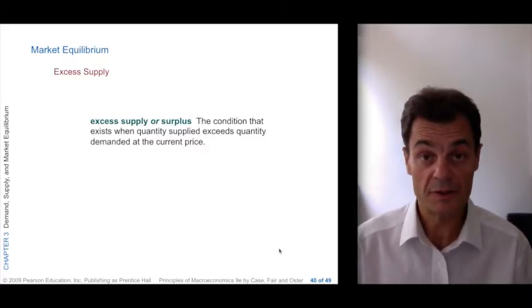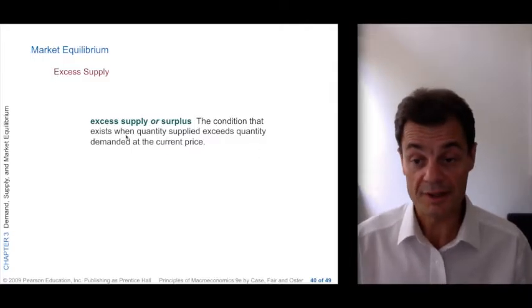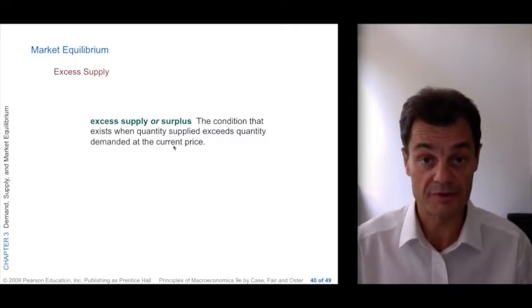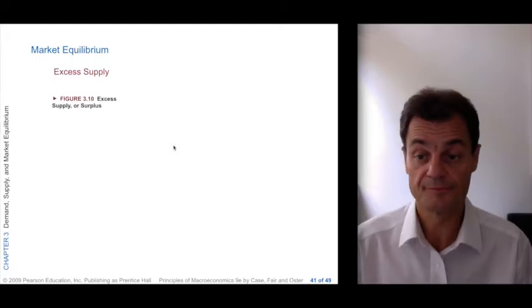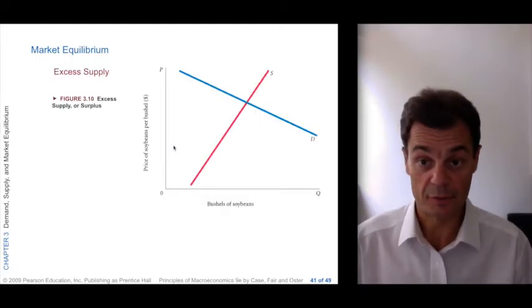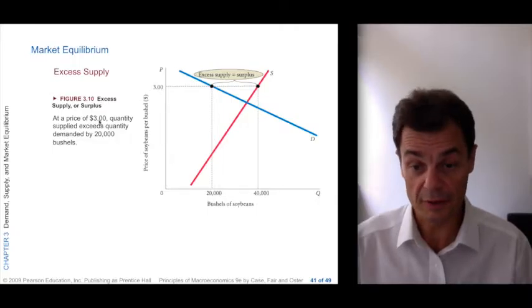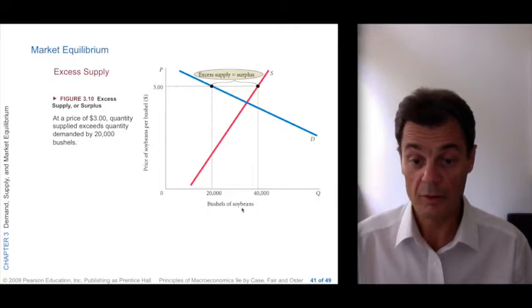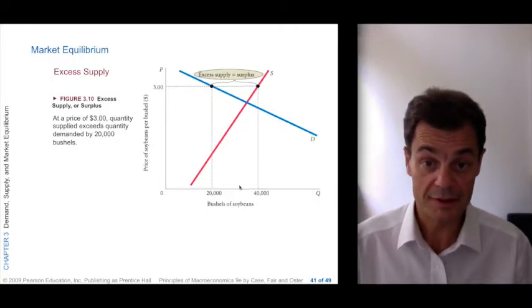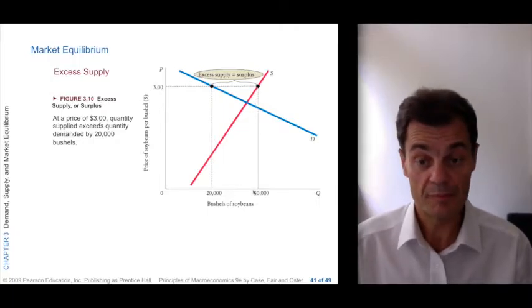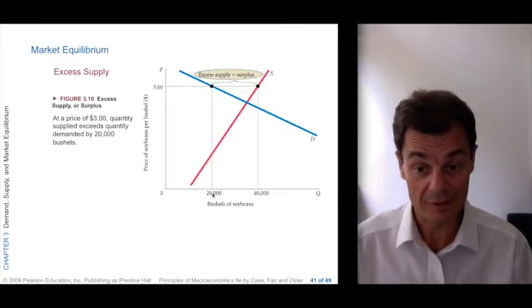Excess supply is the opposite position, whereby the condition is that the quantity supplied exceeds the quantity demanded at the current price. There is a surplus. Example, in that chart, we can see here that at a price of $3, the quantity offered per bushel of soybeans is 40,000. But at that price, there is only demand for 20,000.